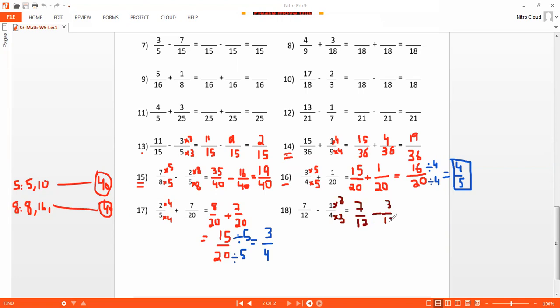Yalla, tell me what's 7 over 12 minus 3 over 12? 4 over 12. Can I divide? Yes, by 4. Very good. So I'm going to divide by 4. So what do I get? 1 over 3. Excellent. 1 over 3, and that's the final answer.